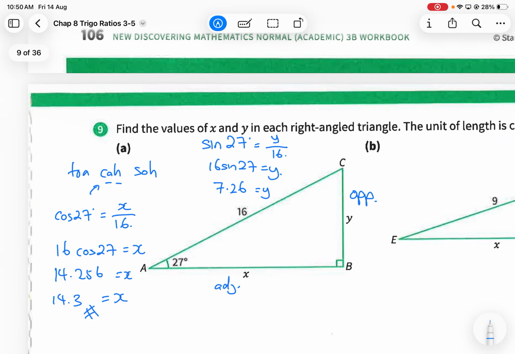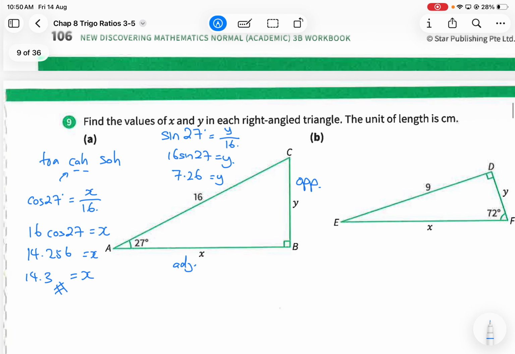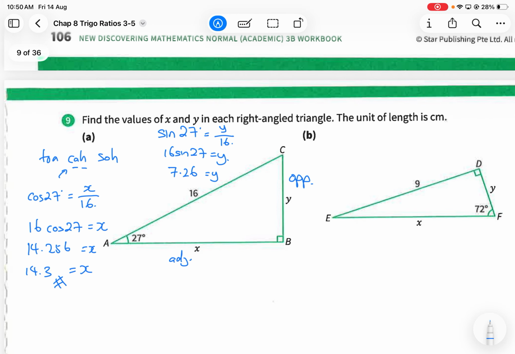At least try 1 more. Okay, focus on the one you want to find. Name the sides. Link what you know to what you don't know. Then find.